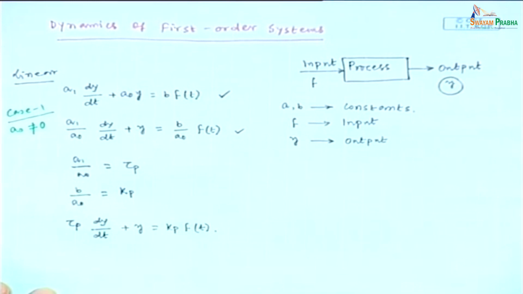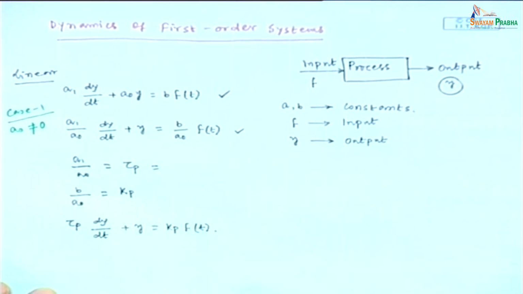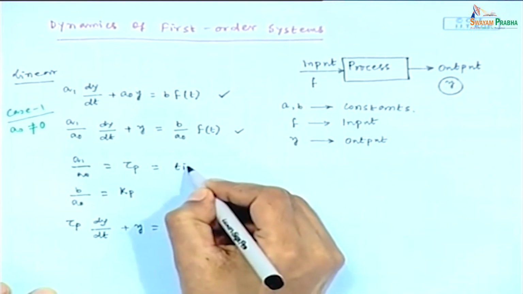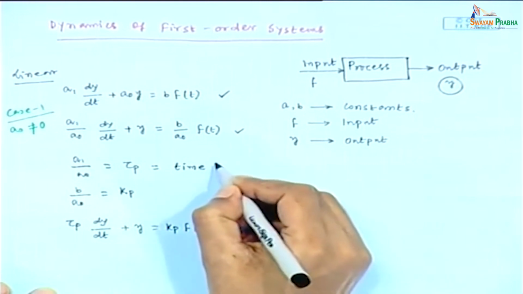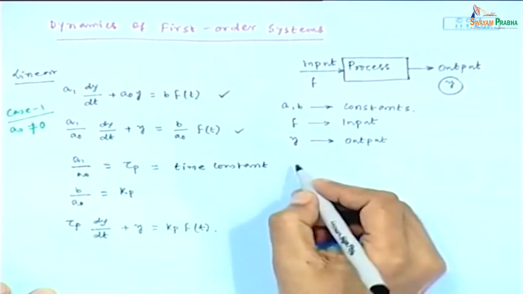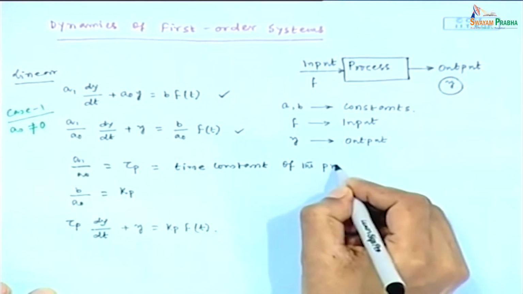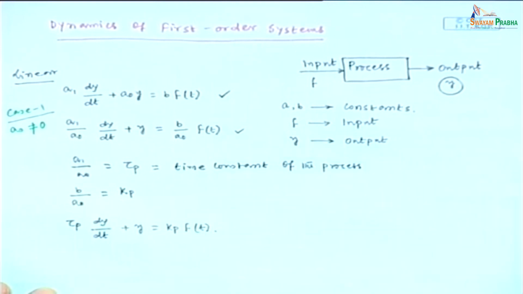Fine. Now, this tau p is called the time constant of the process. Definitely we are discussing a first order process.